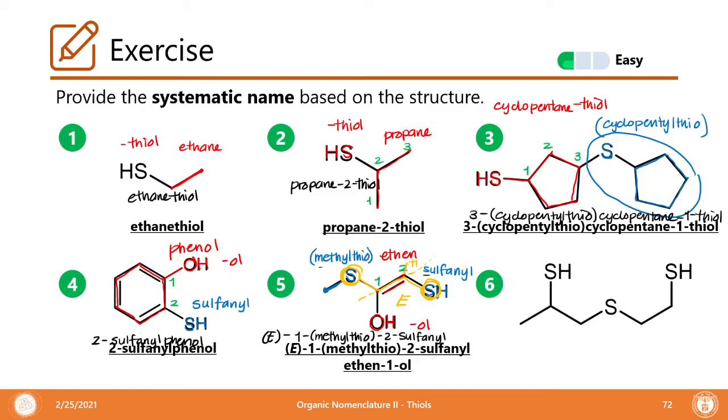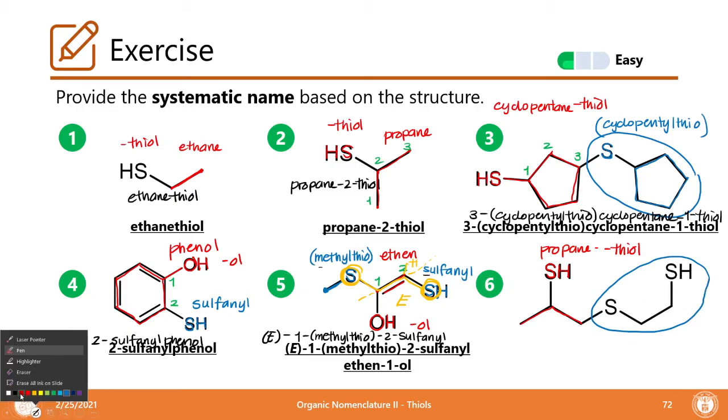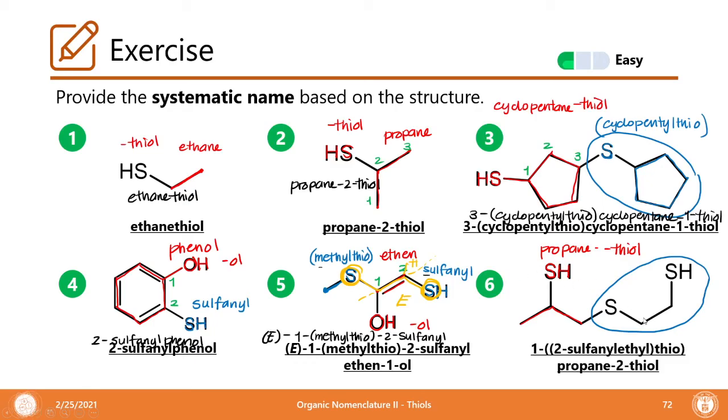Lastly, for number 6, we do the same procedure. Since this thiol has the longest chain possible, which is propane thiol, and then we have a substituent here, which is actually an ethyl thio.